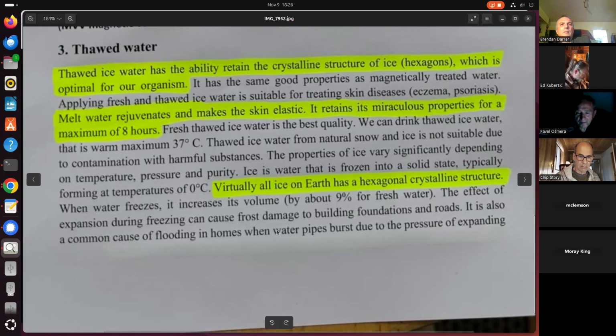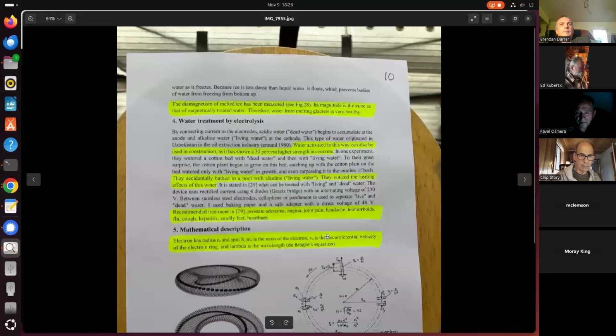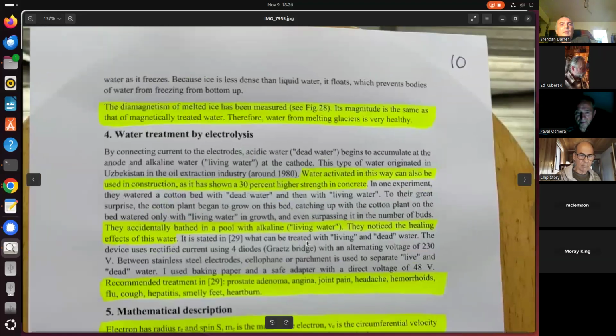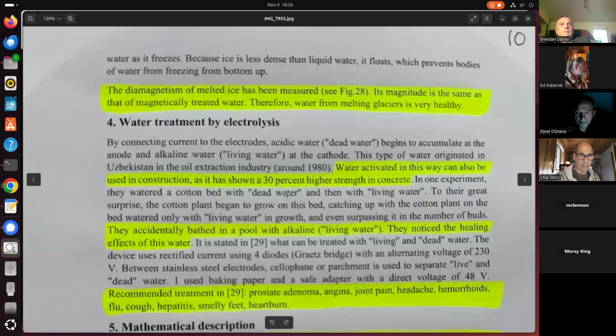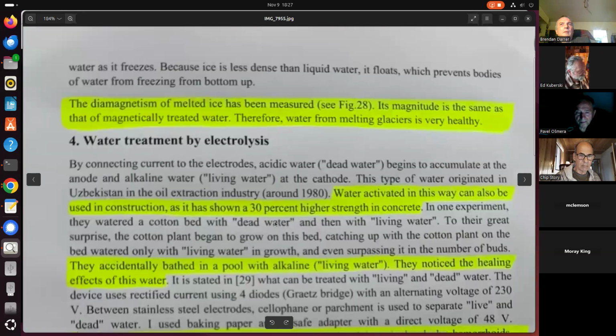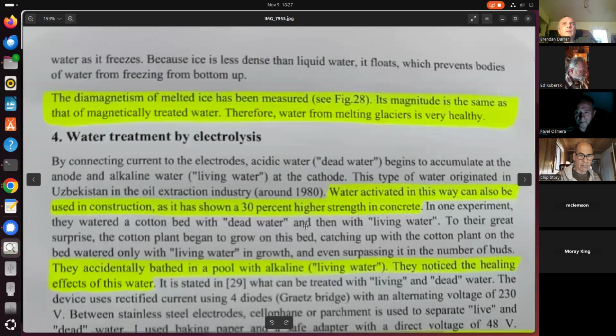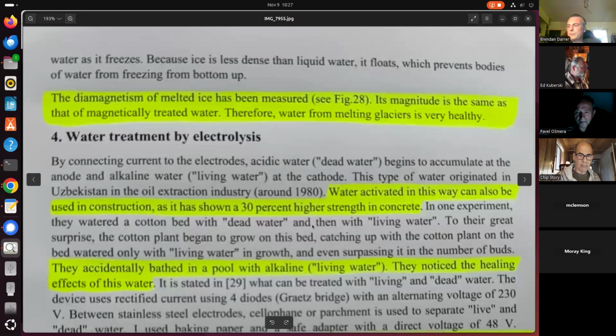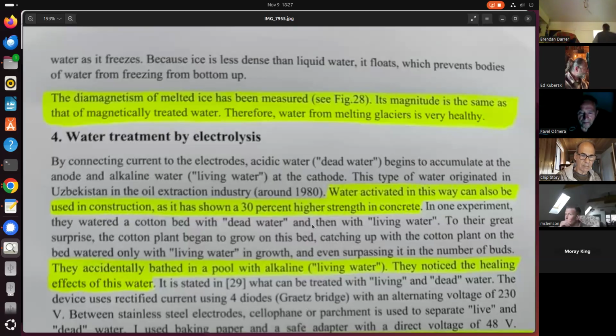It is also a common cause of flooding in houses when water pipes burst at the pressure of expanding water as it freezes. Because ice is less dense than liquid water, it floats, which prevents bodies of water from freezing from bottom up.